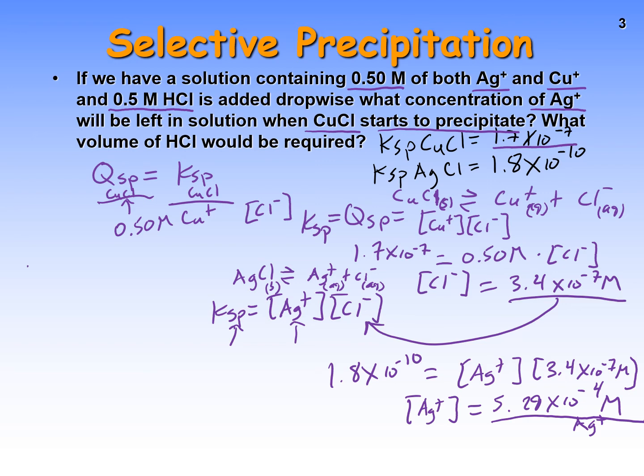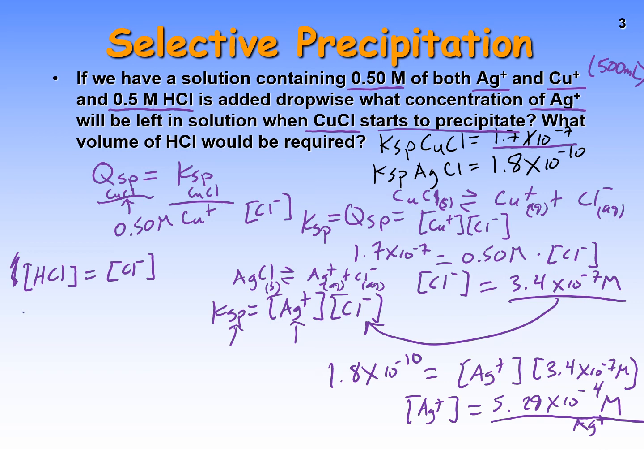Well, I know that for every HCl I add, I get Cl- at the same rate. For 1 mole of HCl, I get 1 mole of Cl-. Now, in order to actually do this, I keep meaning to add here that let's say the volume of my solution is 500 milliliters, because I need that value to calculate this answer.